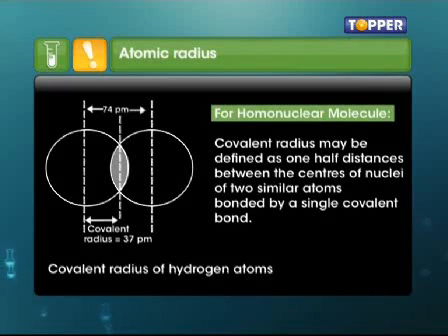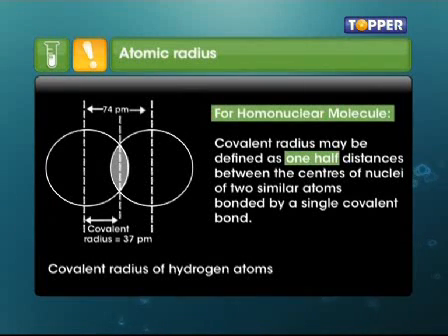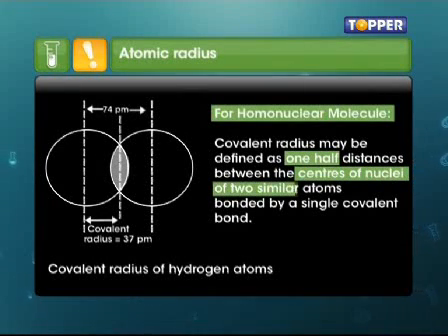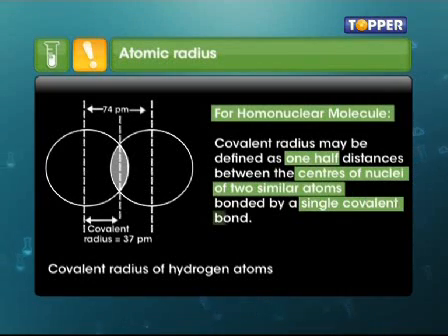Can you imagine how difficult it would be to measure the size of an atom? Not only because of its minuscule size, but also because of the diffused boundaries of an atom. So their size is measured in terms of radii, which is the distance between the nuclei of two adjacent bonded atoms called covalent radii.